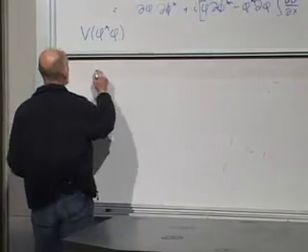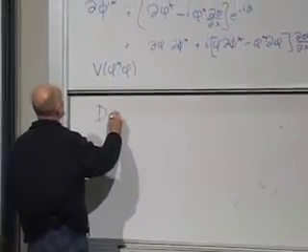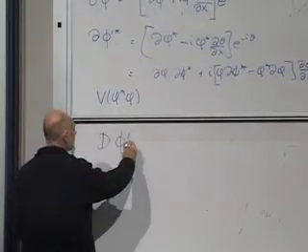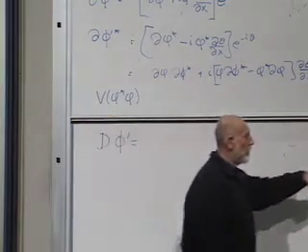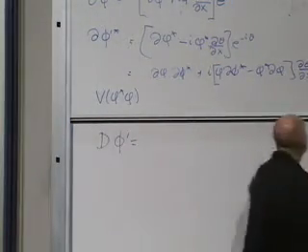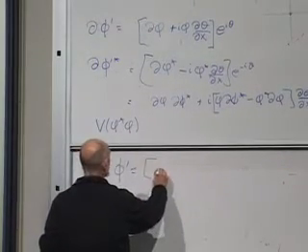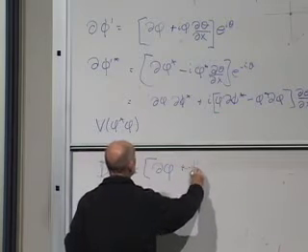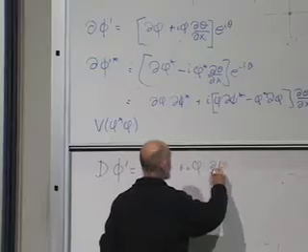The first term is just the ordinary derivative of phi prime, and there it is up there: derivative of phi plus i phi derivative of theta with respect to x.